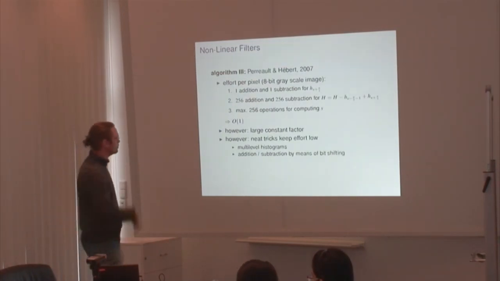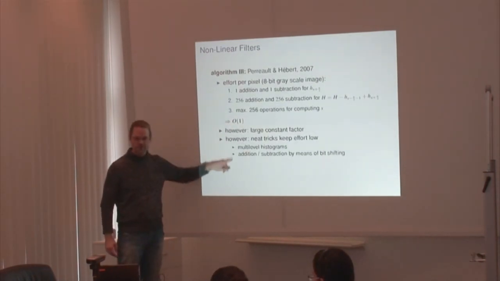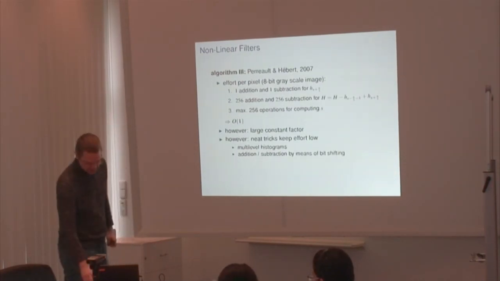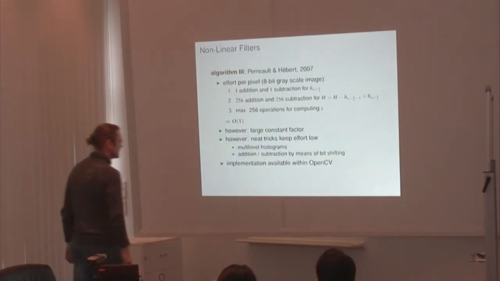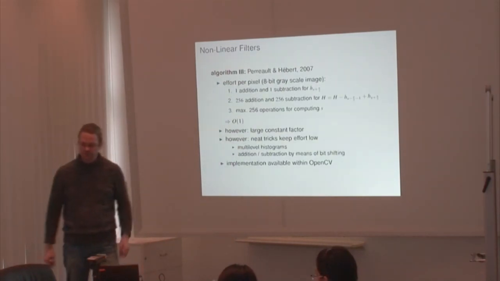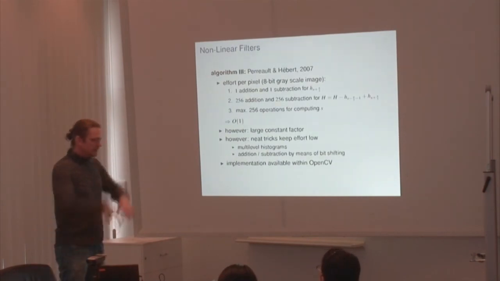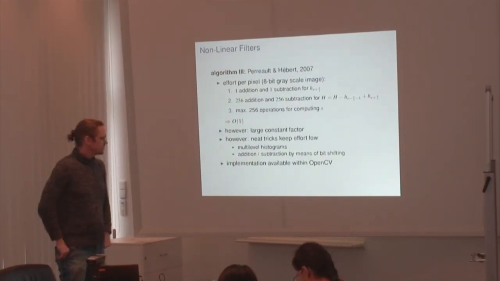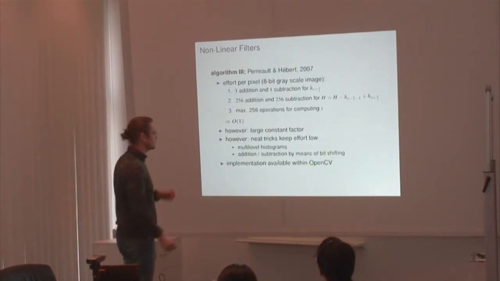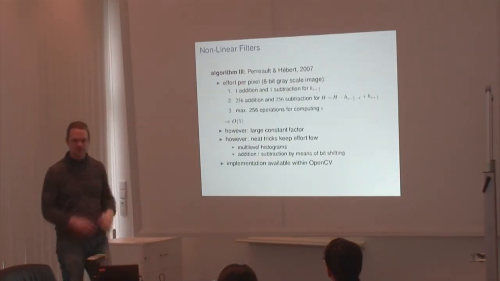But bottom line is, it is O of 1, and by very advanced programming techniques, you can make it fast. And it is actually contained within OpenCV right now. So if you use OpenCV in this context of image processing and computer vision, the median filtering function provided by OpenCV is an implementation of this algorithm we just discussed.